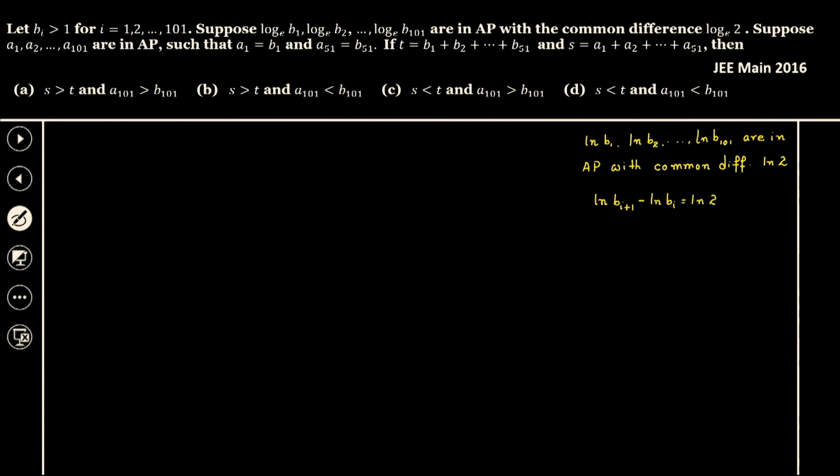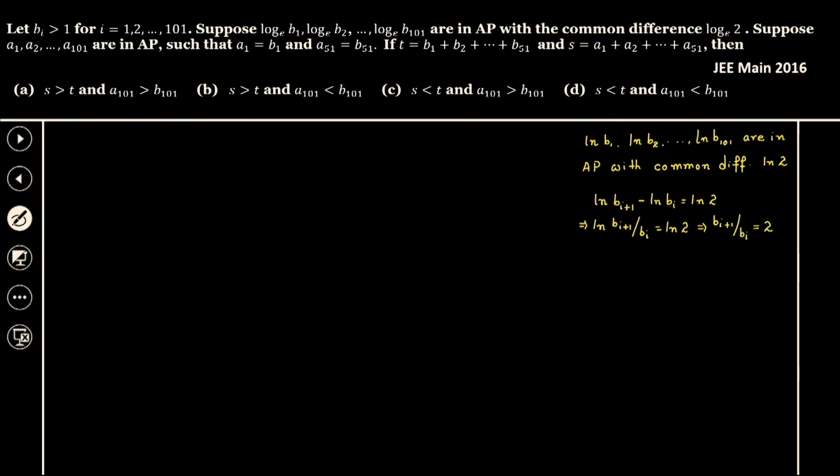Now, if I apply the properties of log, that gives log of b(i+1) divided by b(i) is equal to ln of 2. That implies that b(i+1) divided by b(i) is equal to 2.